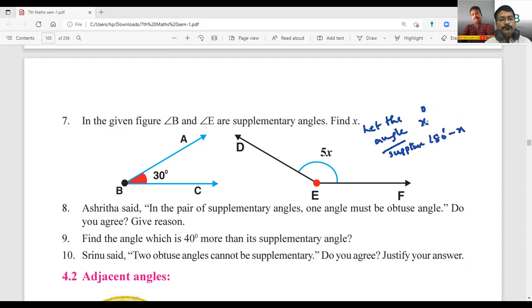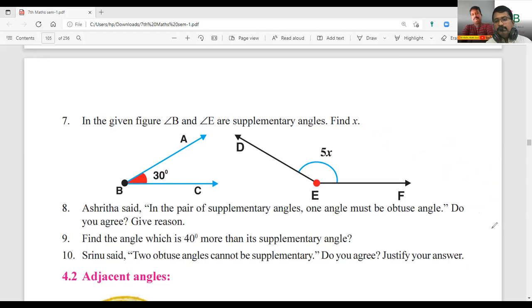Okay? So find the angle which is 40 degrees more than its supplementary angle. That means if the angle is x, it is 40 plus the supplementary angle, so x is 180 minus x plus 40. Hmm, so x plus x is equal to 180 minus 40 minus 40, 180 minus 80.